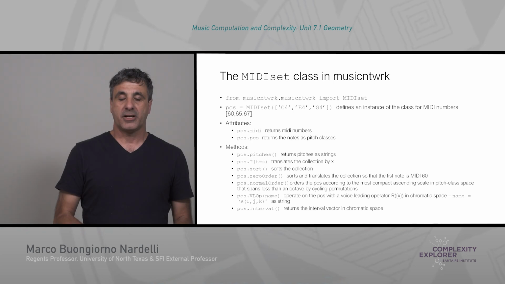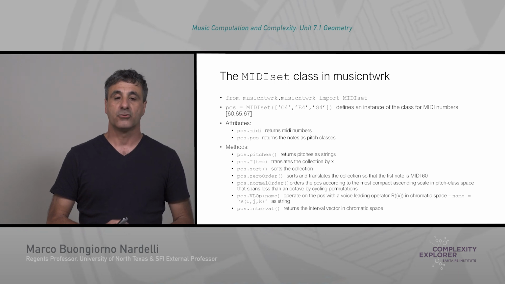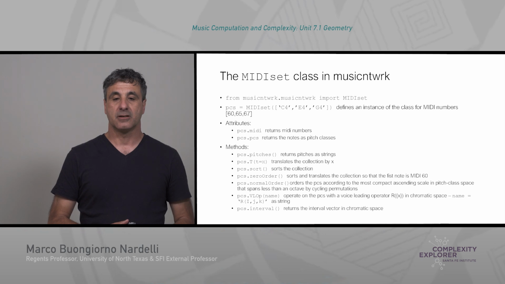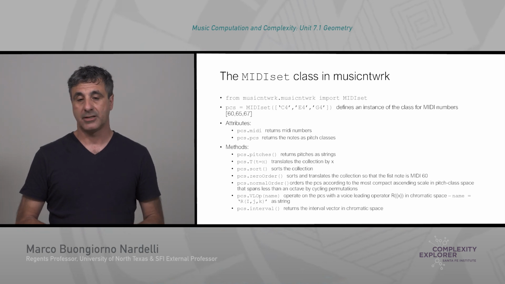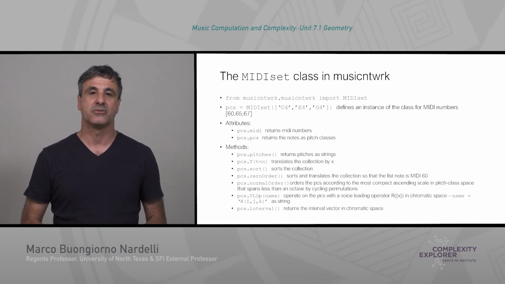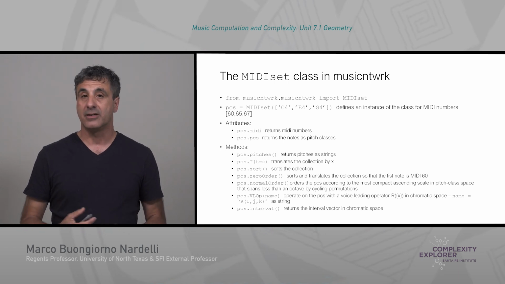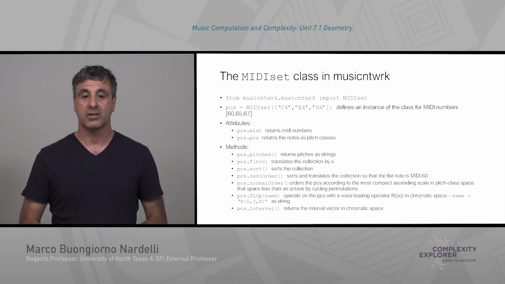So these operations and spiral diagrams are actually implemented into the music network library through a class that is called MIDI set. That is demonstrated at the end of the notebook on harmony. Although I'm not talking about that at all, so I leave you this exercise, if you wish, to try to play with all these kinds of transpositions and spiral diagrams using the material in that notebook.